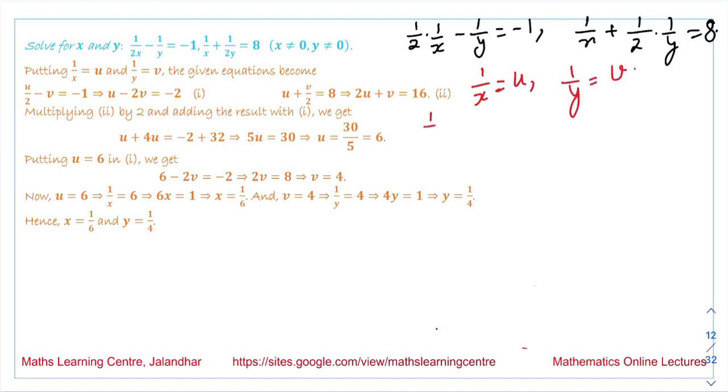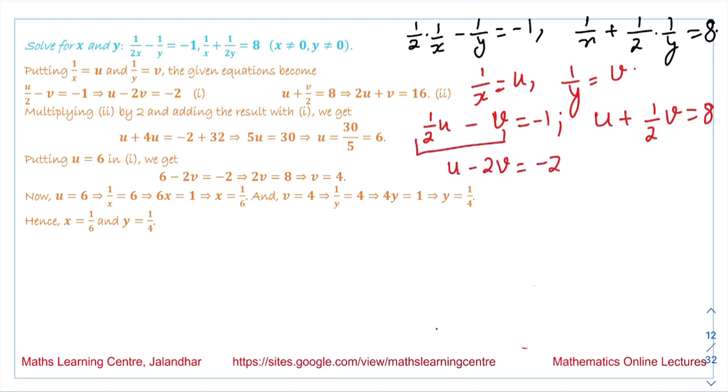So our question becomes 1 by 2u minus v is equal to minus 1 and u plus 1 by 2v equal to 8. If we take the LCM over here, we get u minus 2v is equal to minus 2 and 2u plus v equal to 16.